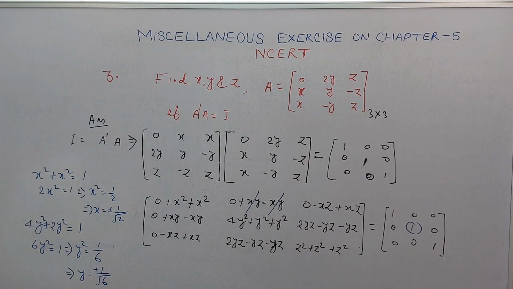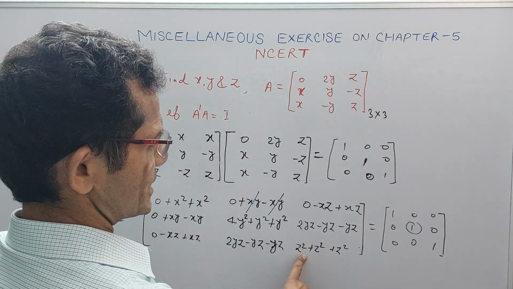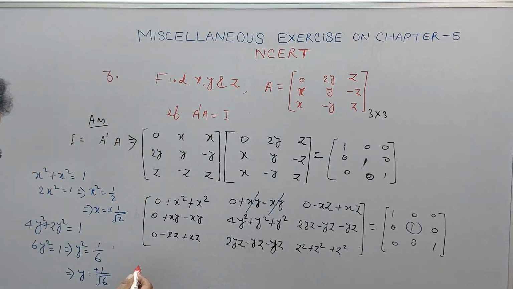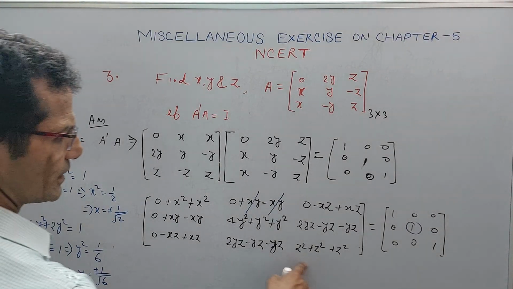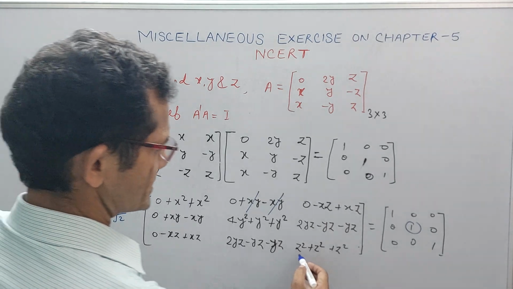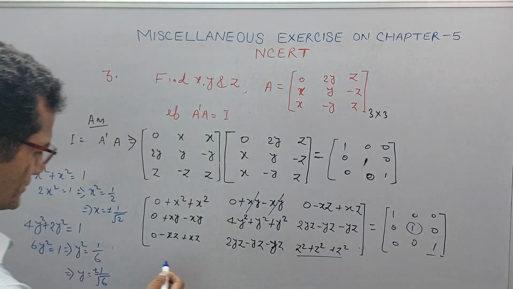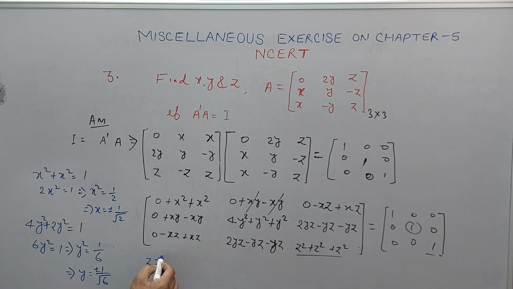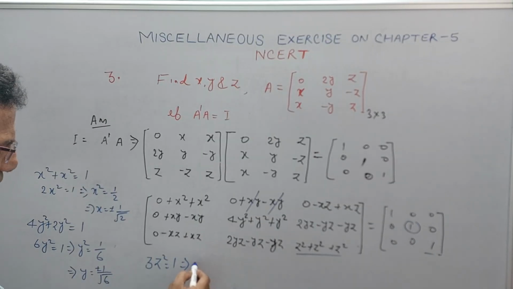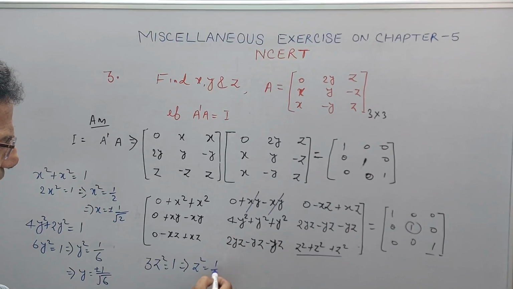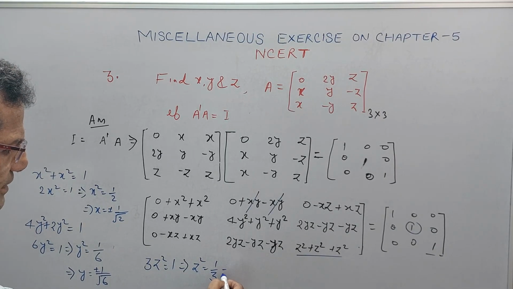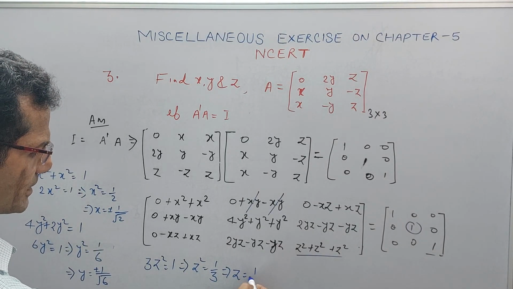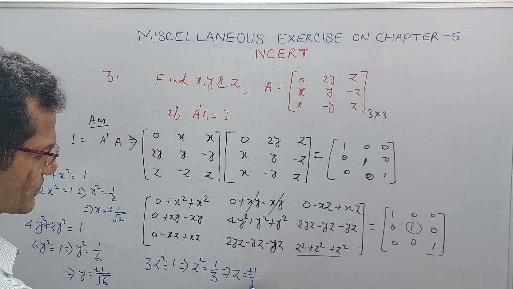Now we need the third entry. Now for this one, z square, z square will be equal to 1. So if I equalize this and this, it comes out 3z square. 3z square is equal to 1. From here z square is equal to 1 by 3, and from here z is equal to plus minus 1 upon root 3.